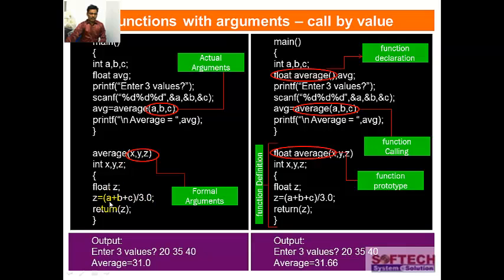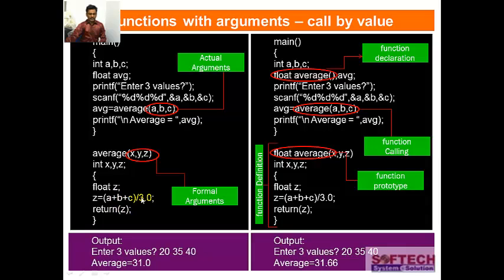So what is the value of x plus y plus z? The x value is 20, y value is 35, z value is 40. So 20 plus 35 plus 40. As per the priority rule, first the parenthesis is executed: 20 plus 35 is 55, plus 40 is 95.